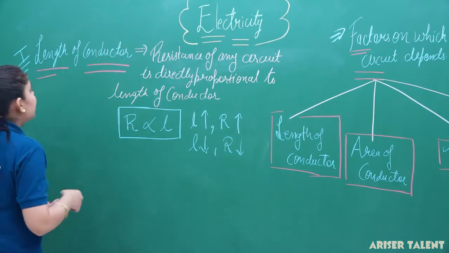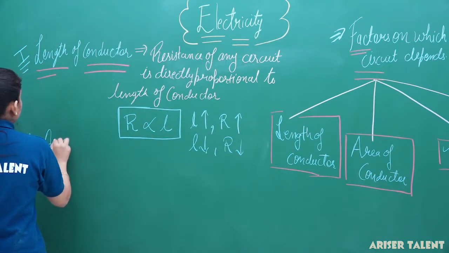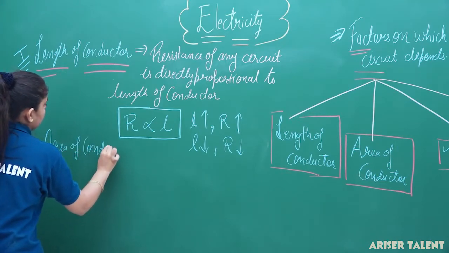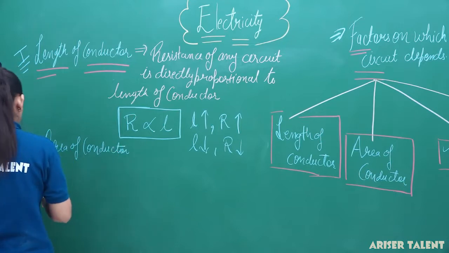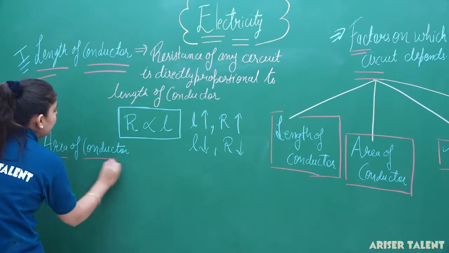Now the second point is about area of conductor. The resistance is inversely proportional to area of conductor.